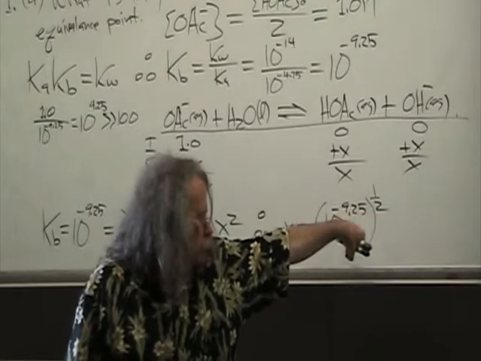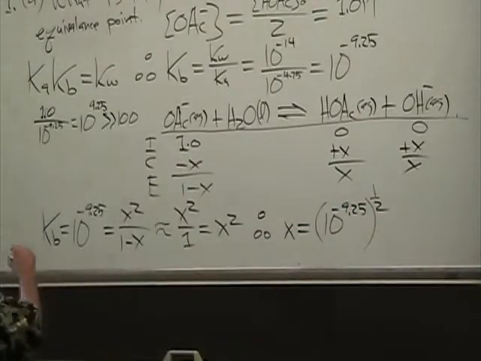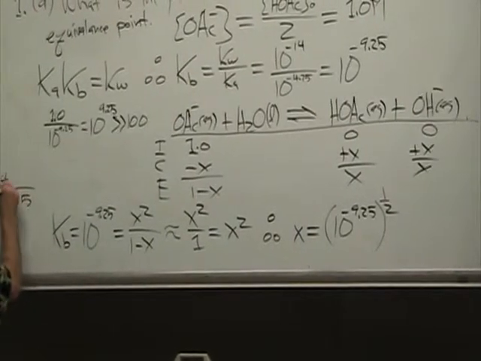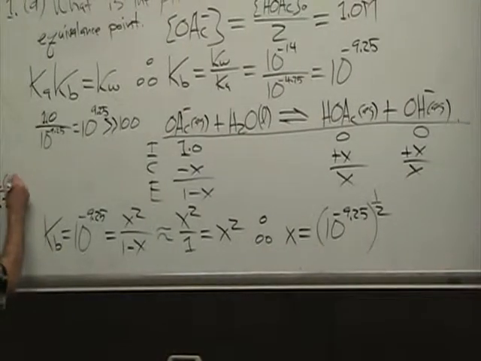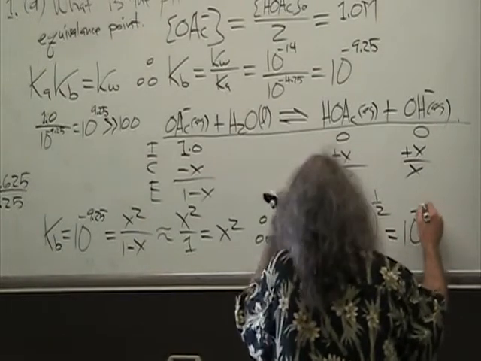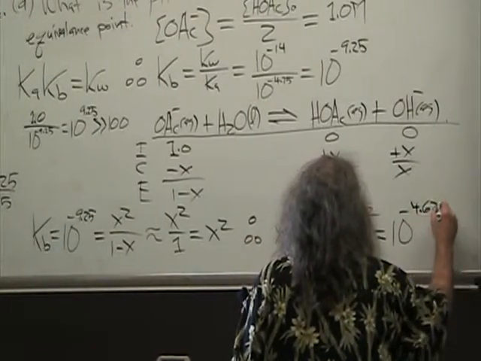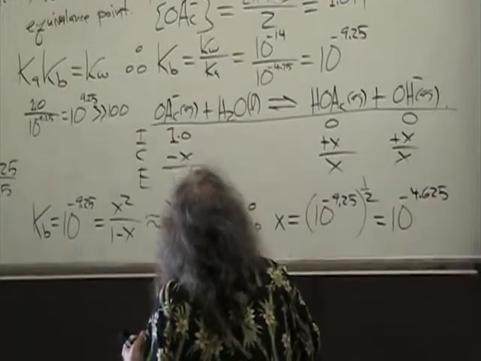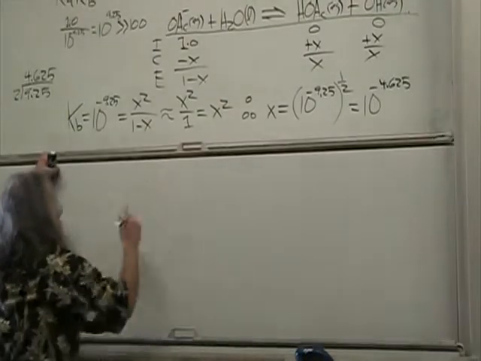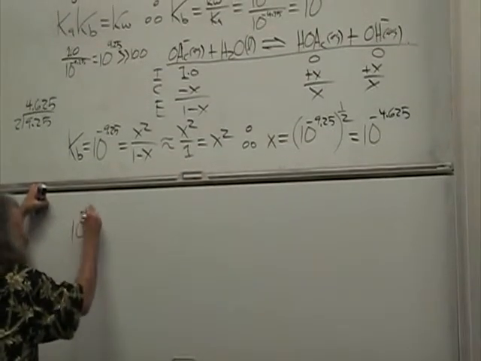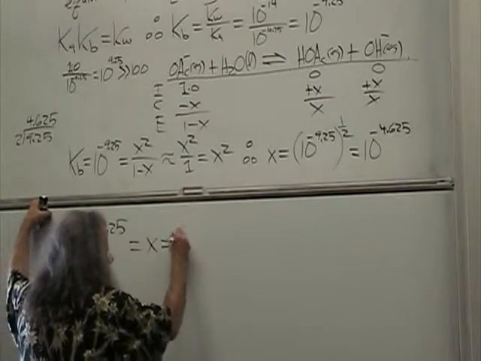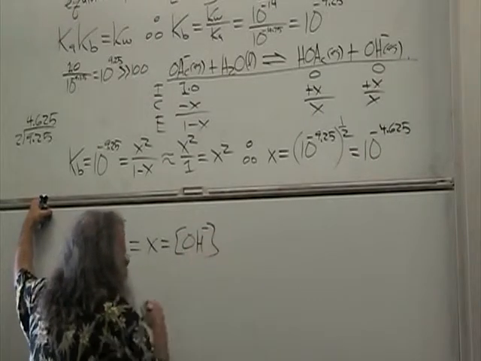I divide by 2. So on my scratch paper, 2 into 9.25 is 4.625. 10 to the minus 4.625 is equal to x, which is equal to the hydroxide ion concentration.